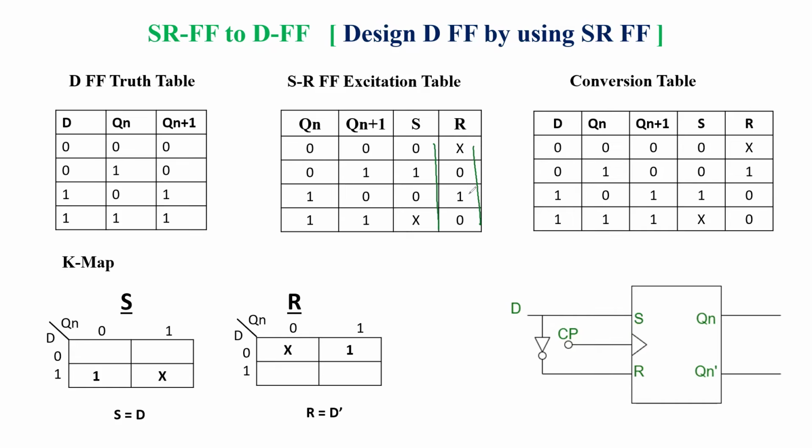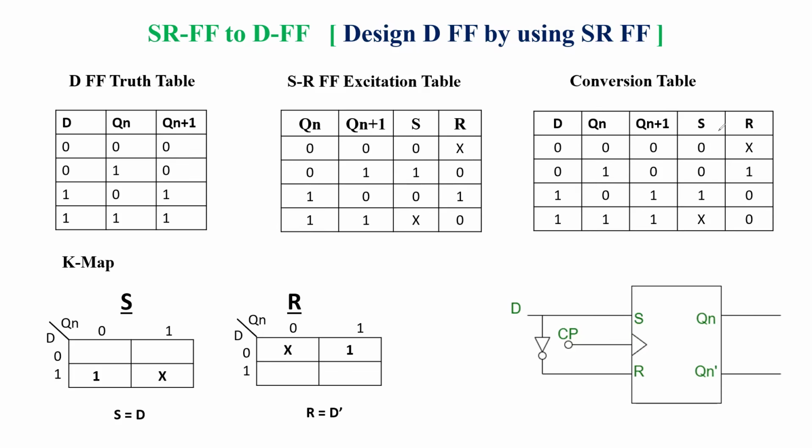And just for reference, we have 0, 1, 0, the same here 0, 1, 0, and when both are 1, 1, we have don't care. R is the mirror image of S. Like this you can keep in mind for remembering purposes so that you can write directly from here.